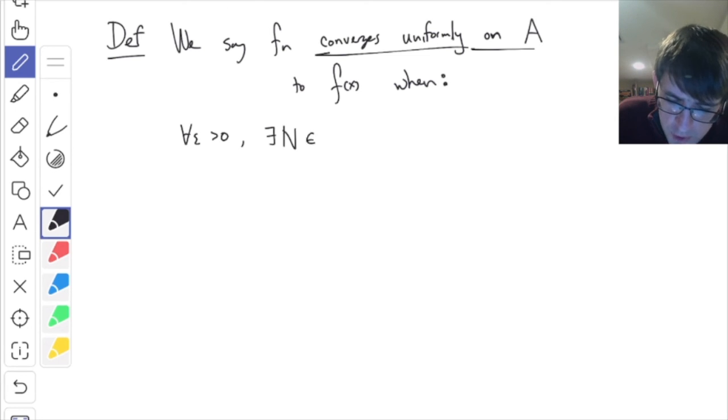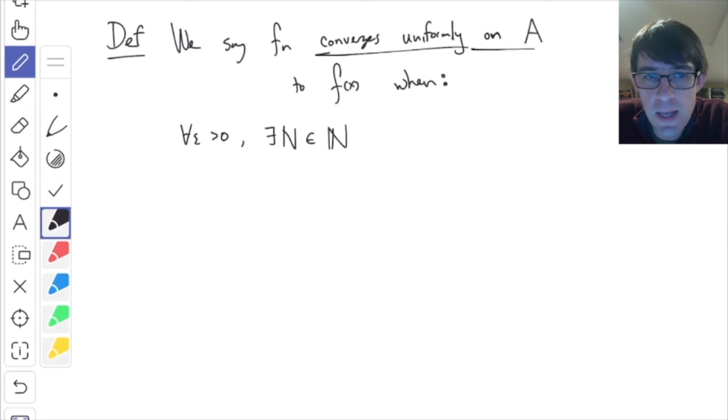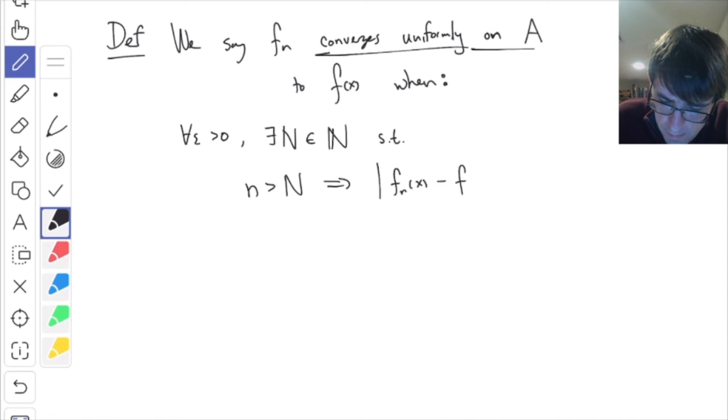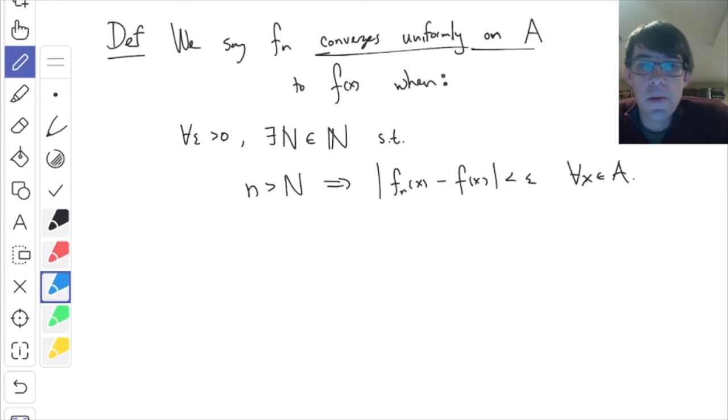The sequence converging is not epsilon and delta, but epsilon and the big N, the natural number. For all epsilon greater than 0, there exists a natural number N, such that n greater than N implies |fn(x) - f(x)| < epsilon for all x in the domain A. All right. This is the definition of uniform convergence.